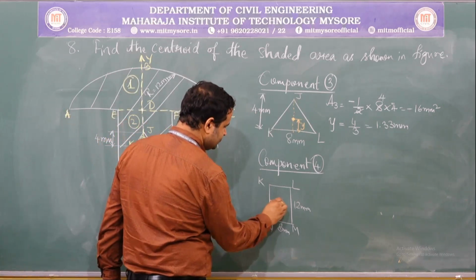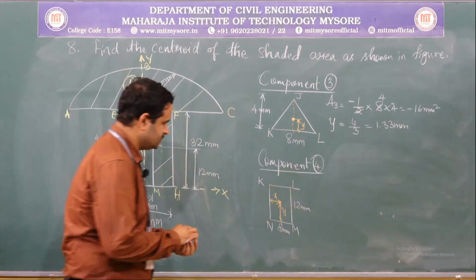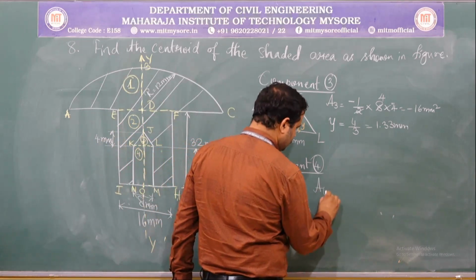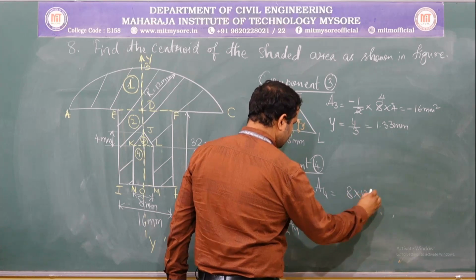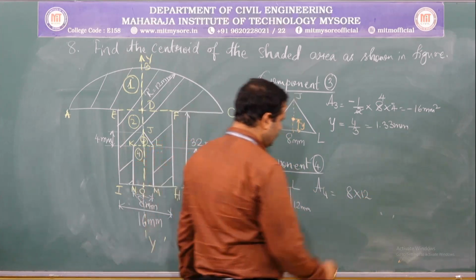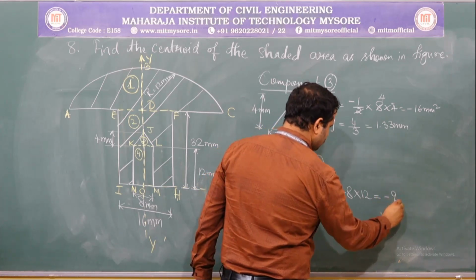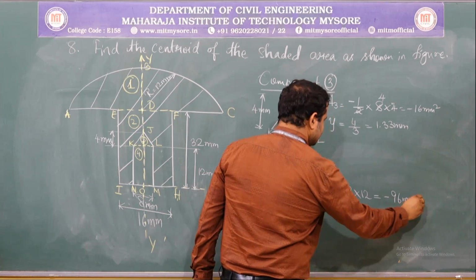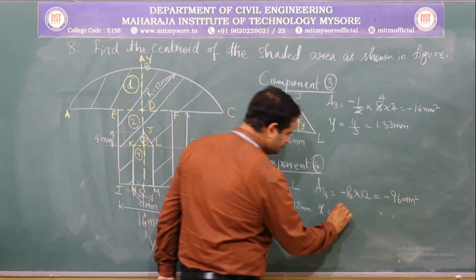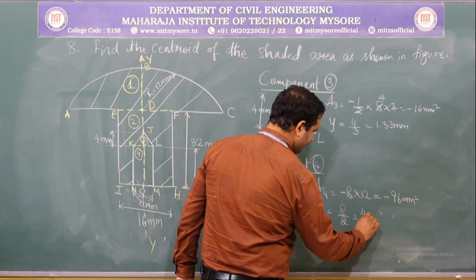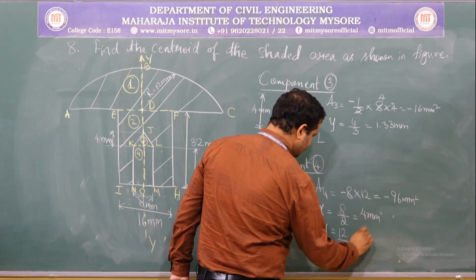So, therefore, we can easily write its x component and y component. Now let us calculate area A4, which is equal to x dimension into y dimension, that is 8 mm into 12 mm with a minus sign, which is equal to minus 96 mm square, and its x component is half of 8 and its y component is half of 12.